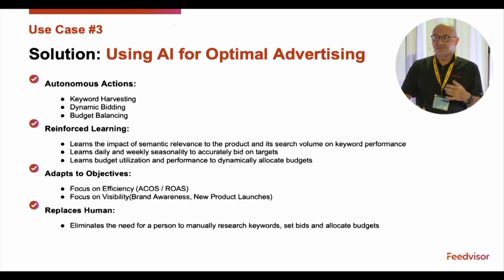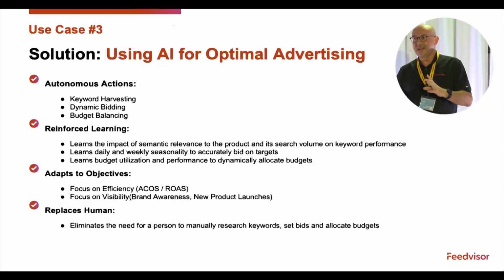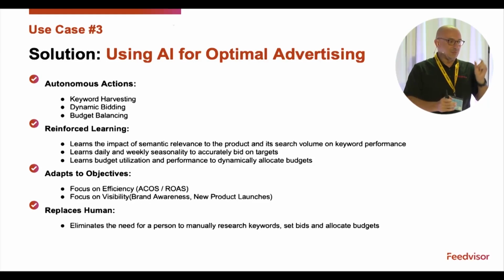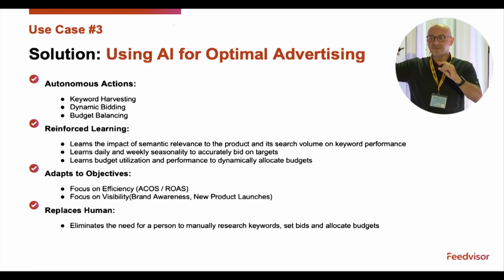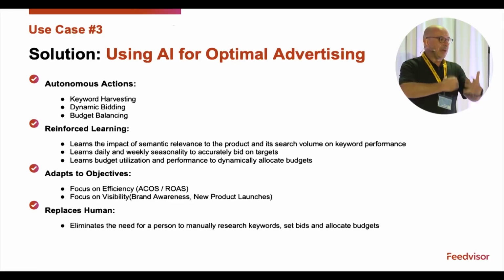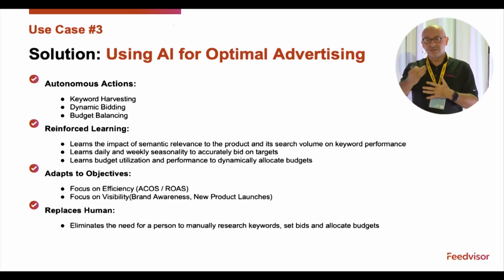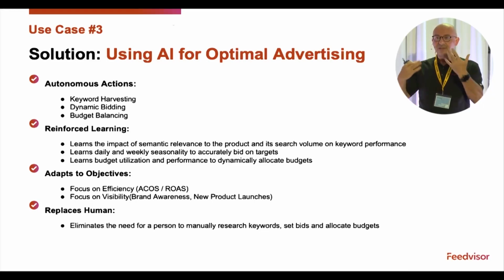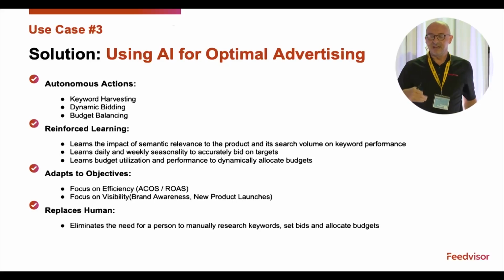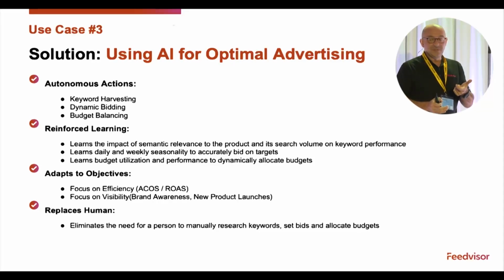Then we also look at the daily, weekly seasonality, and we're trying to understand what kind of bid is needed and how various bid prices influence the performance. And the last thing is we look at the budget utilization cross-day and over time to again set the proper way of budget allocation.